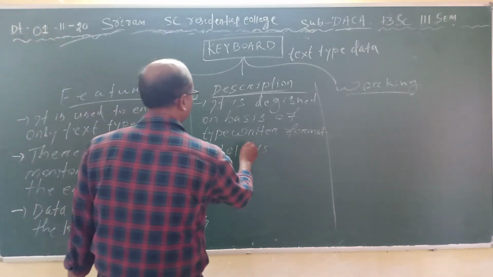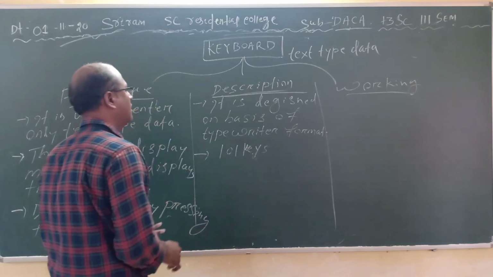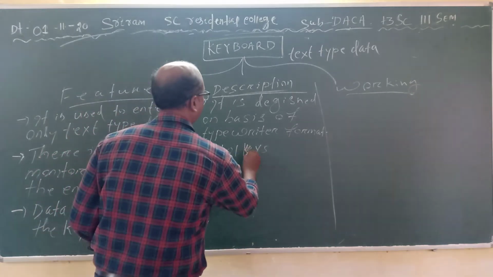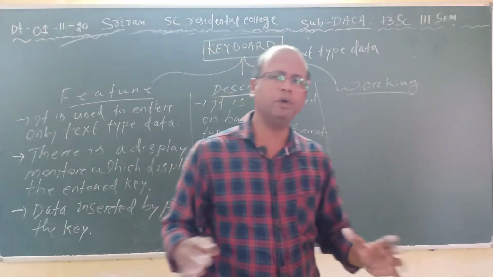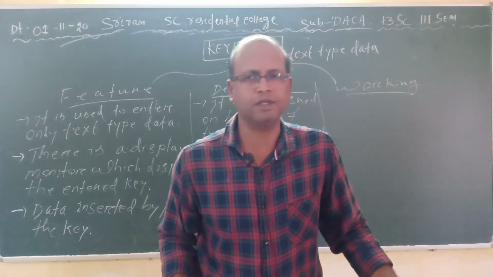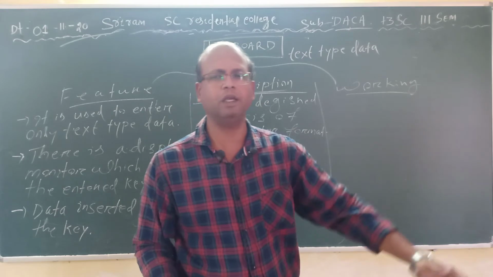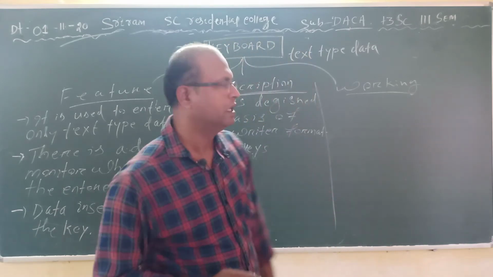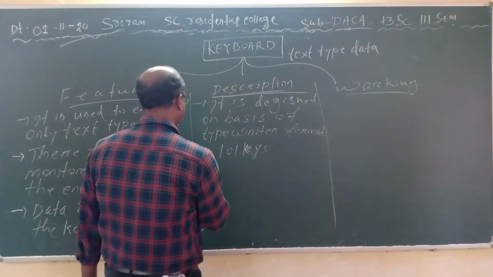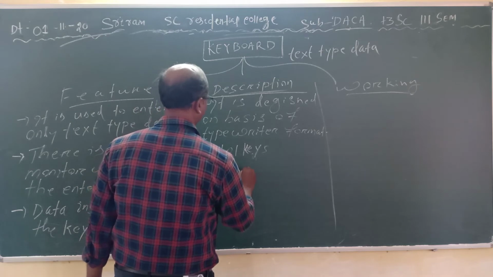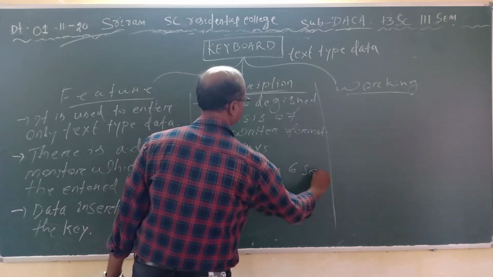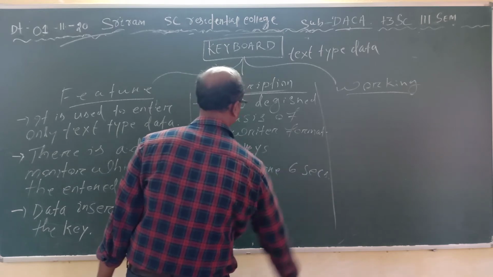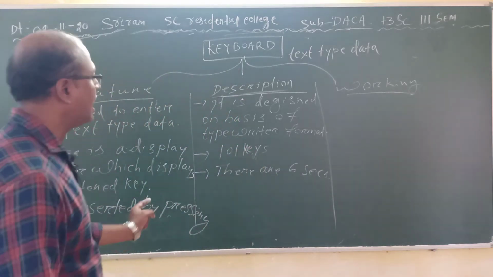All keys are divided into six sections or six parts of the keyboard. There are six sections on the keyboard. First is the typing keys.